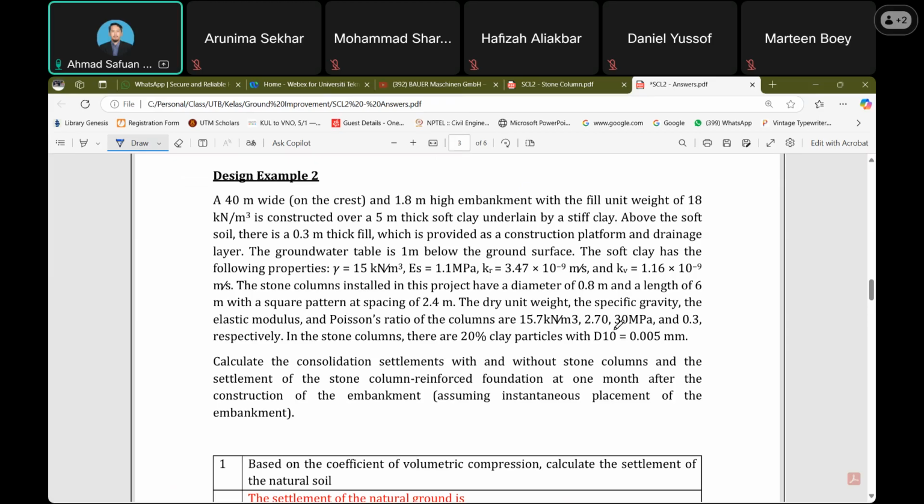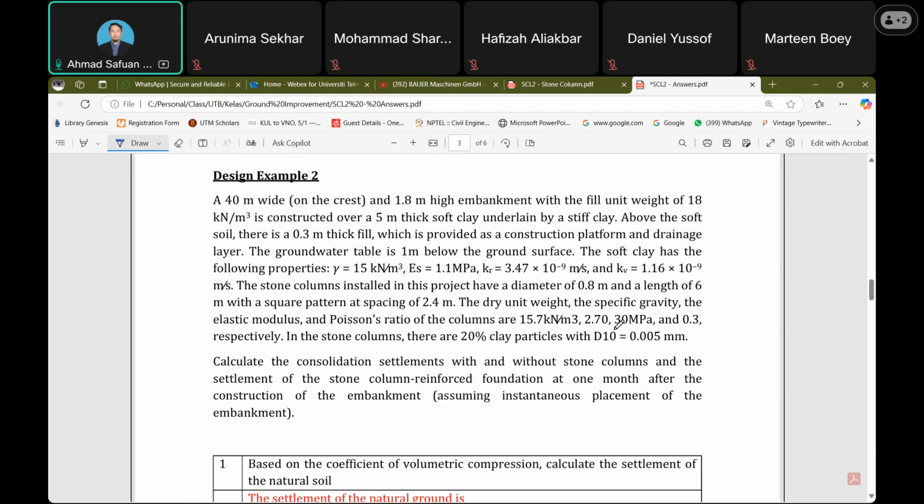The soft clay has the following properties. The stone columns installed in this project have a diameter of 0.8 and a length of 6 meters, with a square footing placed at 2.5 meters. In this case, they use the square pattern, so we need to know the C value for the square pattern.